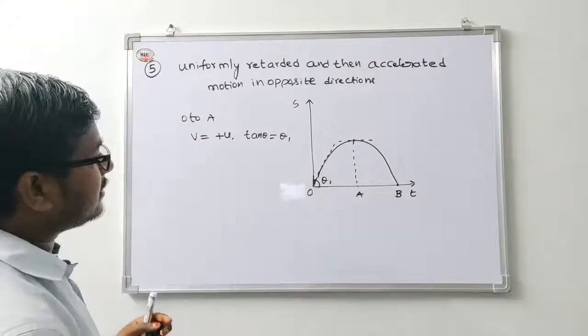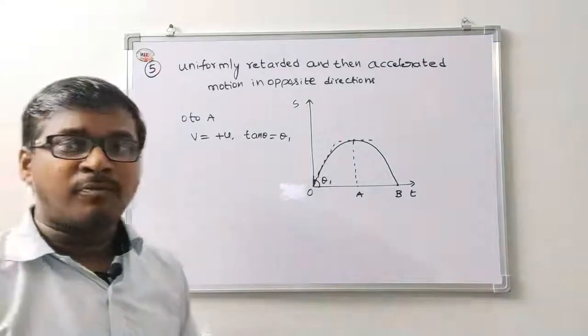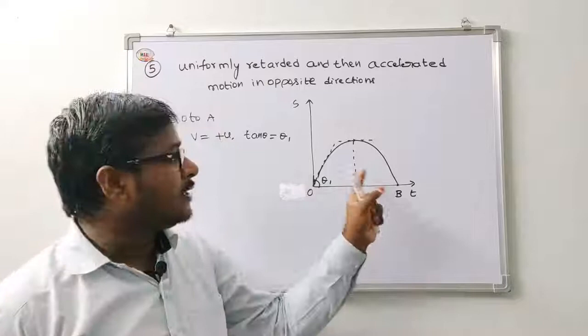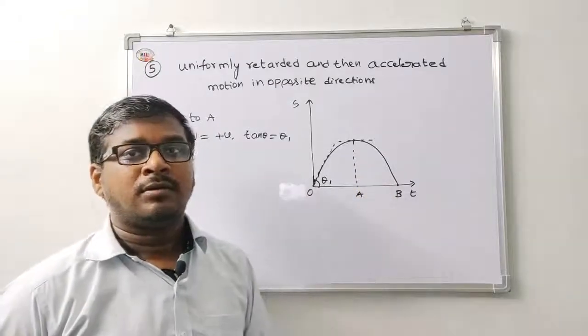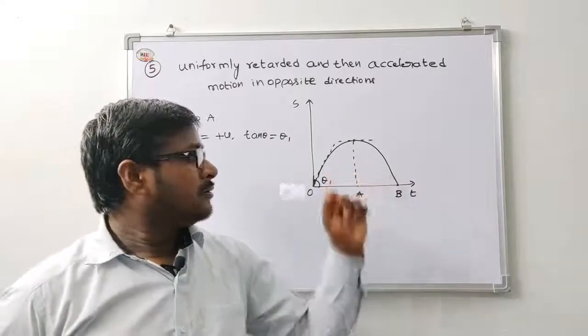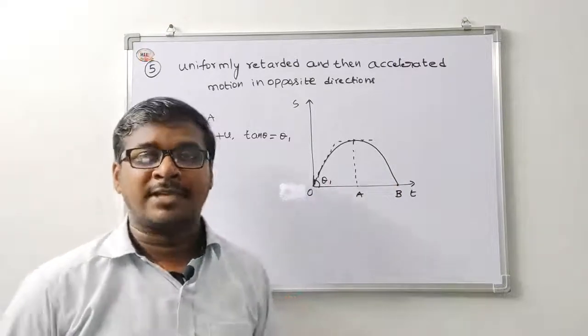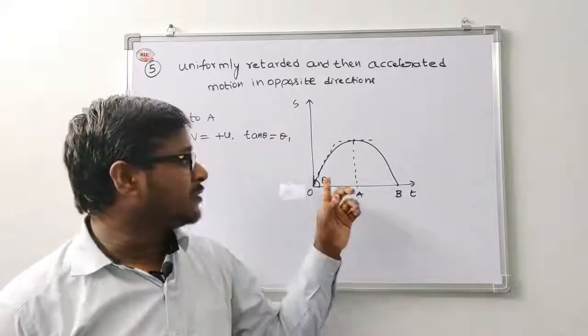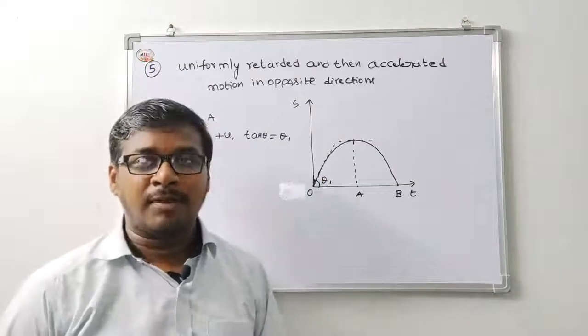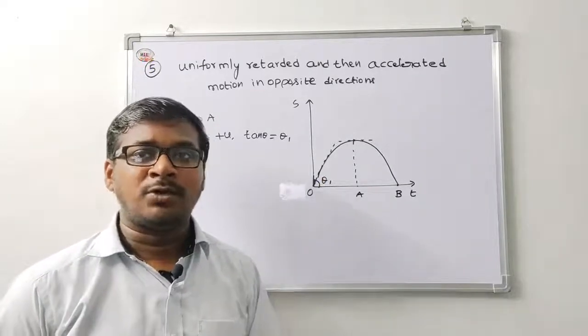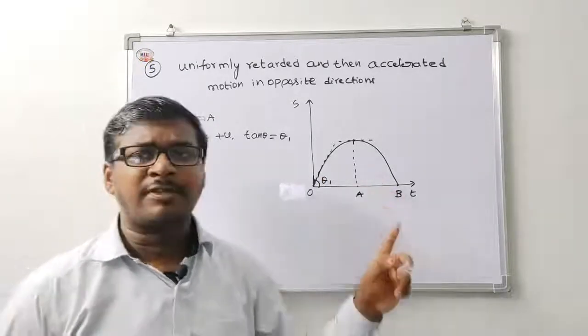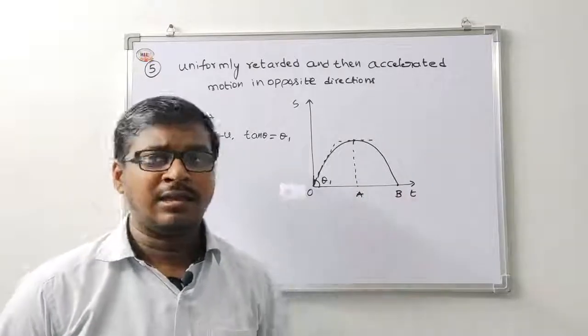In this case, the time of projection is equal to the time of journey in the reverse direction. These two are equal. Next, the speed of the particle in the upward direction is equal to the speed of the particle when it strikes the ground.